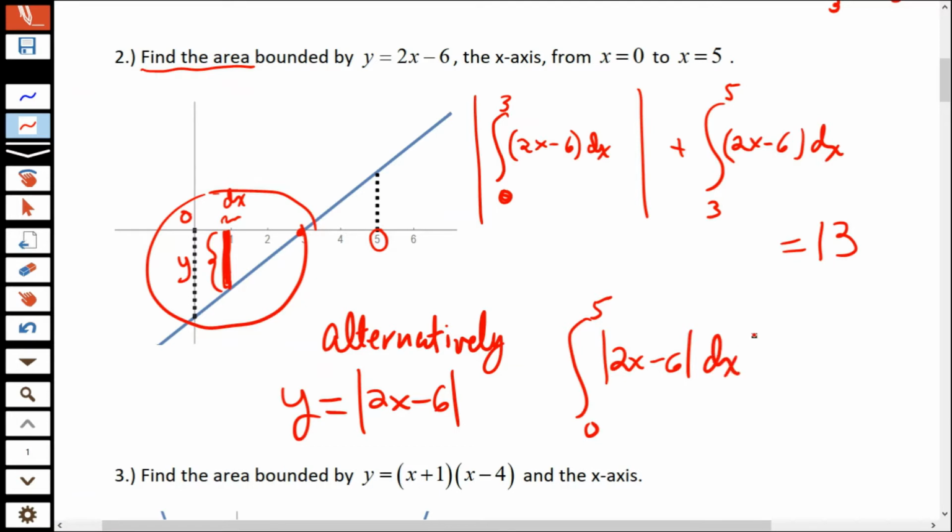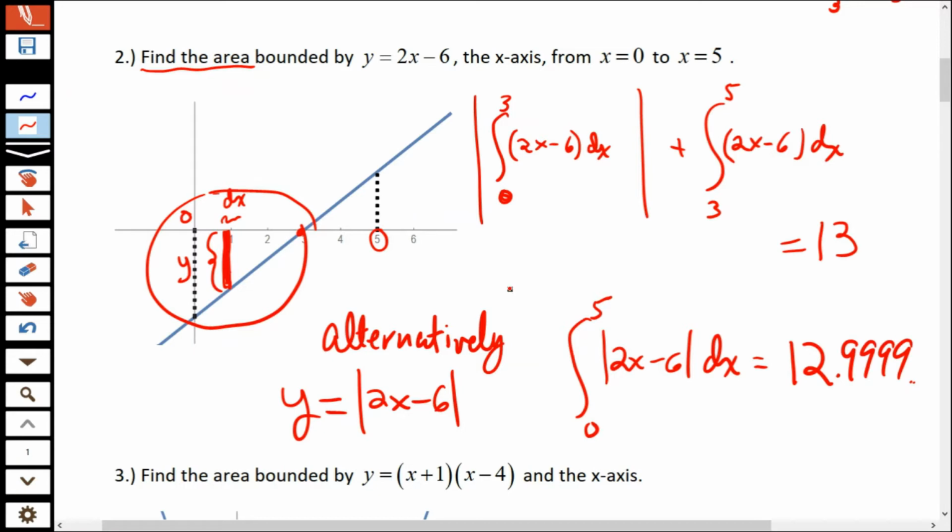Just be careful with your calculator. I did this earlier, and because it's using numerical methods to approximate and get a really super close answer, it didn't actually come out to 13. It came out to 12.99999 and so on. I think it had five 9s and then like an 8 7 or something like that.